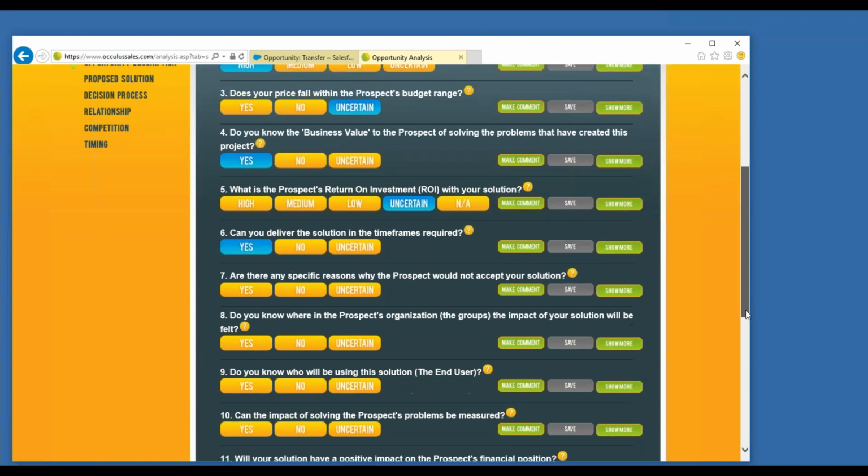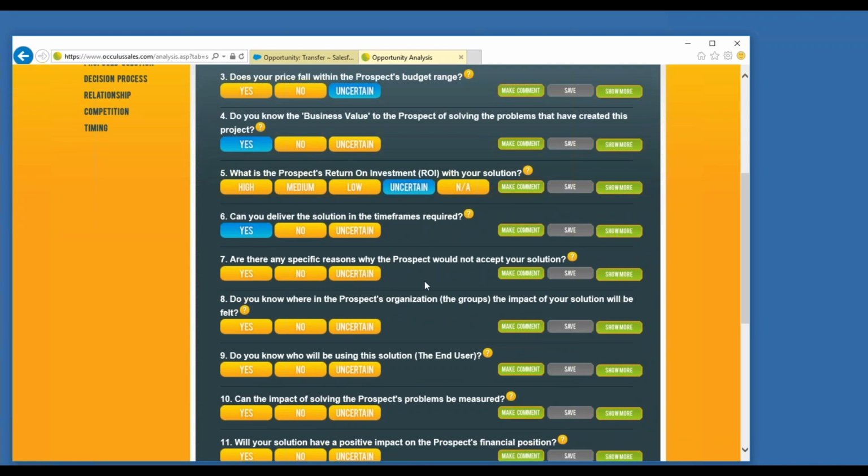Number 7, are there any specific reasons why the prospect would not accept your solution? And that's a tricky question, because what does that mean? There's always reasons why a prospect doesn't choose your solution. You didn't win is obviously the most obvious. But there may be other reasons. Maybe they're standardized on a particular platform, a particular way of doing things.